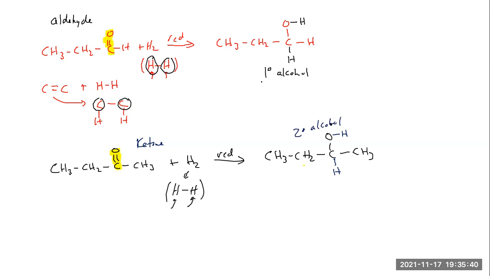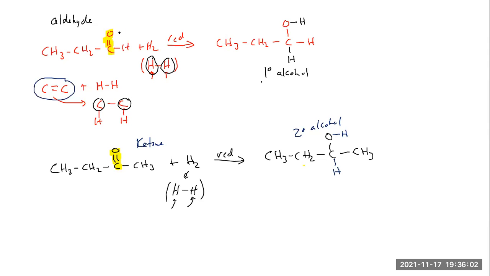So remember that basically the reverse reaction for an oxidation reaction is a reduction reaction. And in most cases, the reduction reaction means that we're basically adding H2, our 2 hydrogens. And really, it works pretty much identical to what we saw with our alkenes.